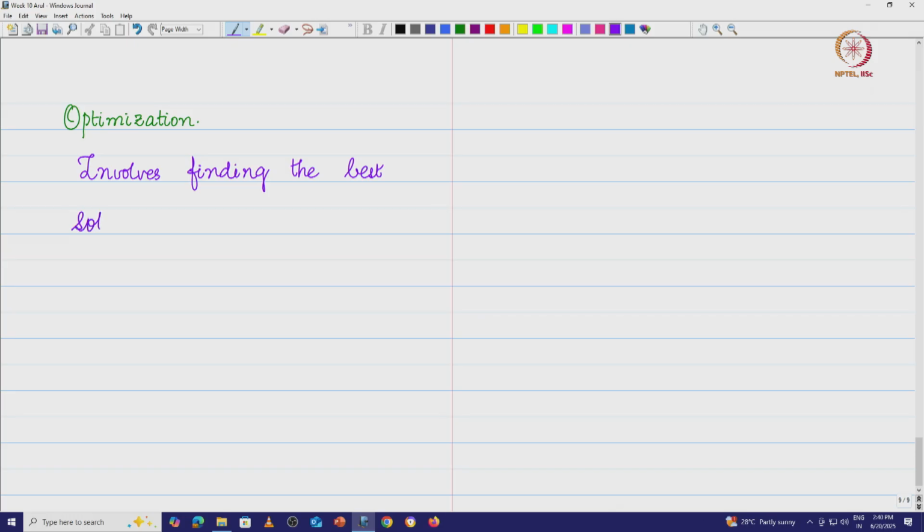Best solution to a problem, right? And what does the problem basically involve? This problem basically involves, let us say, a set of variables, then you have a set of constraints.